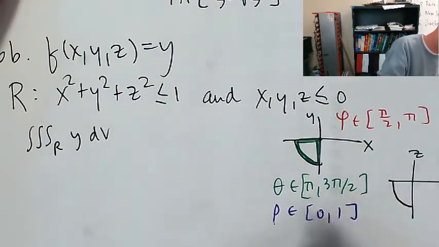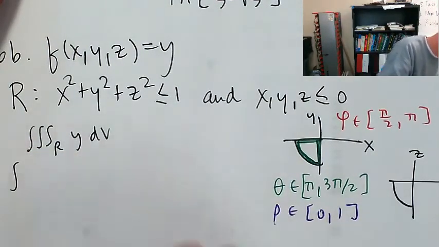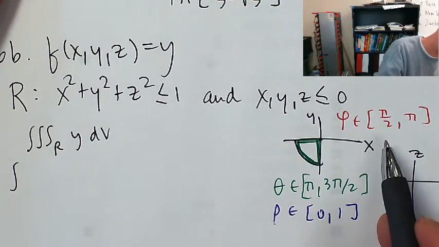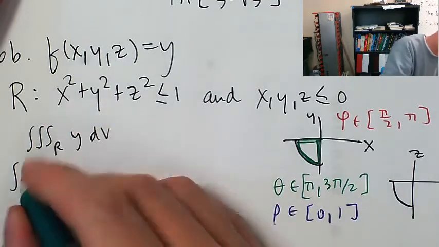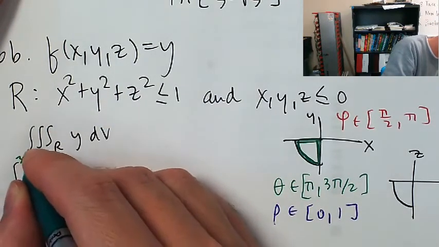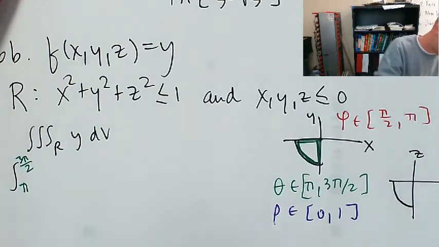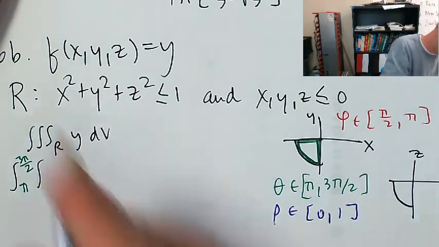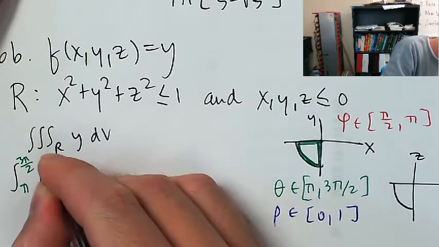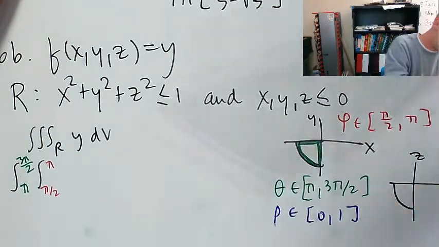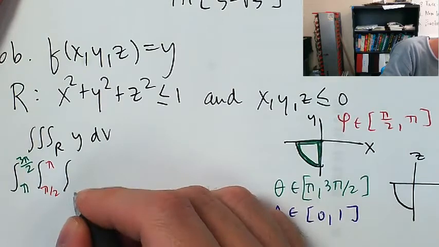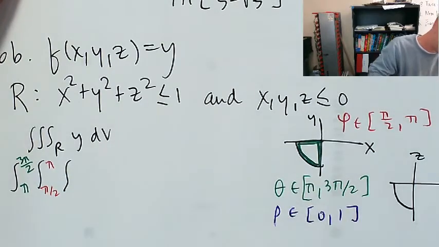Because all of these limits are numbers, it doesn't much matter, so I'll do theta last: pi to 3 pi over 2, phi from pi over 2 to pi, and rho from 0 to 1.